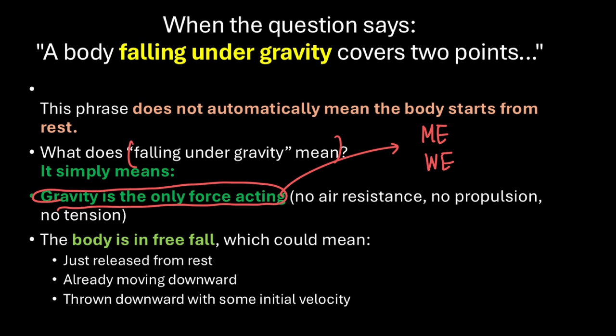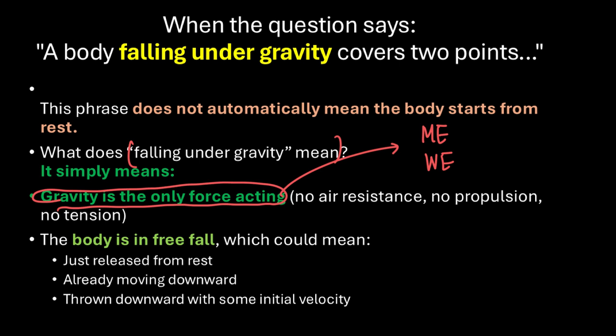Okay. This otherwise means that the body is in free fall. Now, when the body is undergoing free fall, which means the body is falling under gravity, there could be three possible cases. Case number one, it is just released from rest.